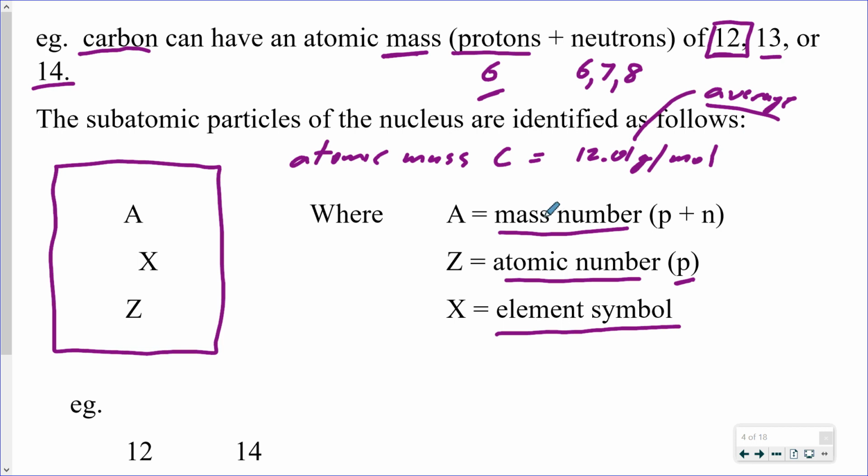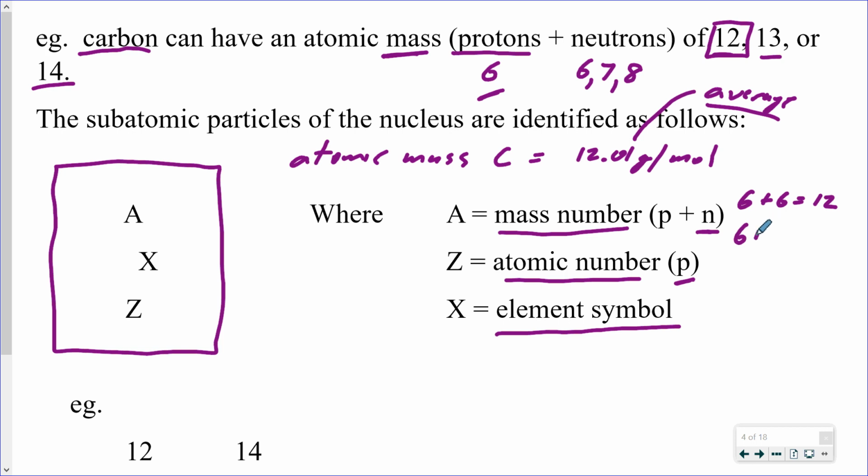But when we talk about the isotopes, we're only talking about one version of carbon. For each version, there is a specific number of neutrons. So here, we're not going to have a decimal for our mass number. It's going to be a whole number. It is just the number of protons plus the number of neutrons. So for carbon we can have 6 plus 6, 12 for the mass number.